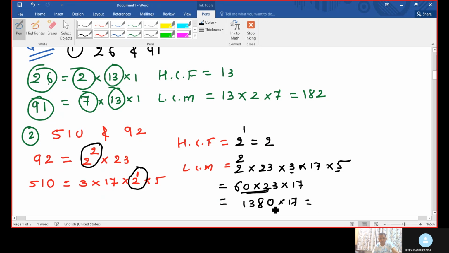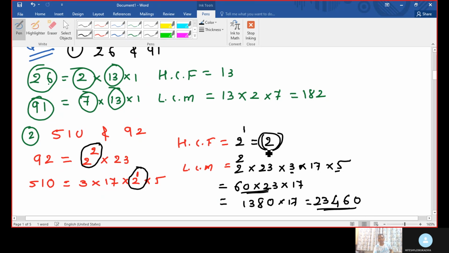Speak your 17 table. 17 into 0, 0. 17 8s are 136, 13 carry on. 17 3s are 51, 51 plus 13, 64. 6 carry on. 17 1s are 17 plus 6, 23. So 23,460 is your LCM. Now again repeat, speak your 2 table, HCF is 2.